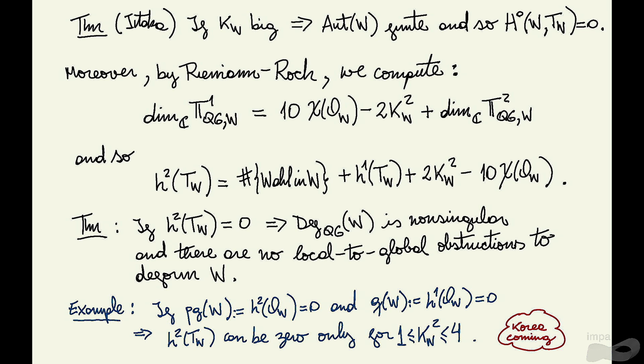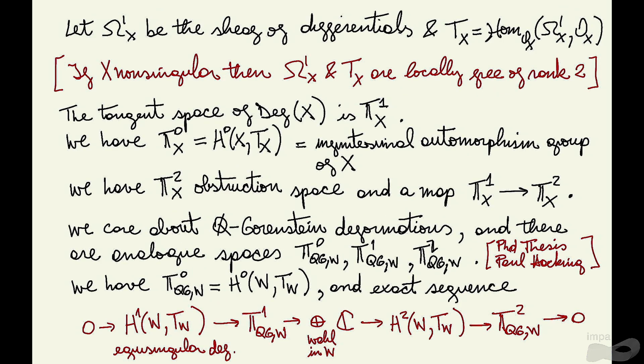Now, to tell you how this works, the thing is this theorem: if this H2 is 0, then this T2, the obstructions, is going to be 0, because I showed you this picture here, right? If this is 0, this has to be 0, and so there are no obstructions.